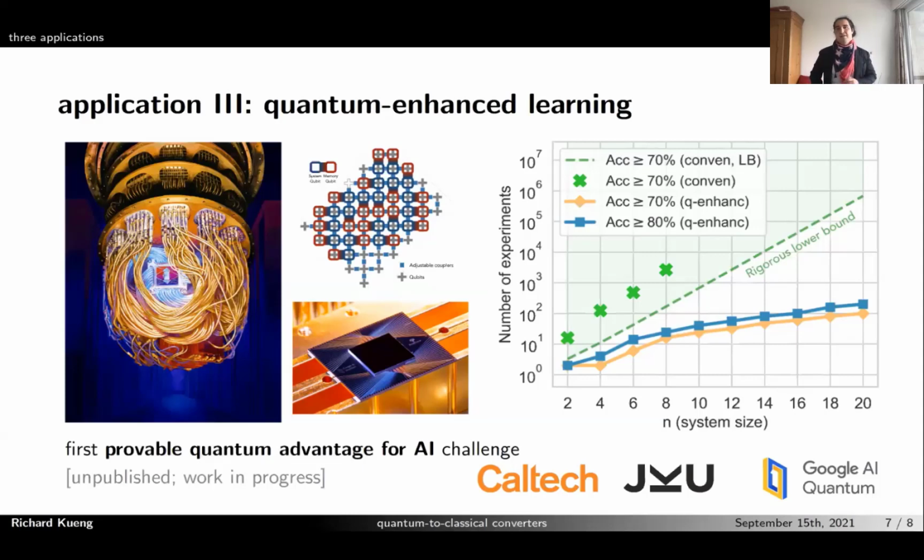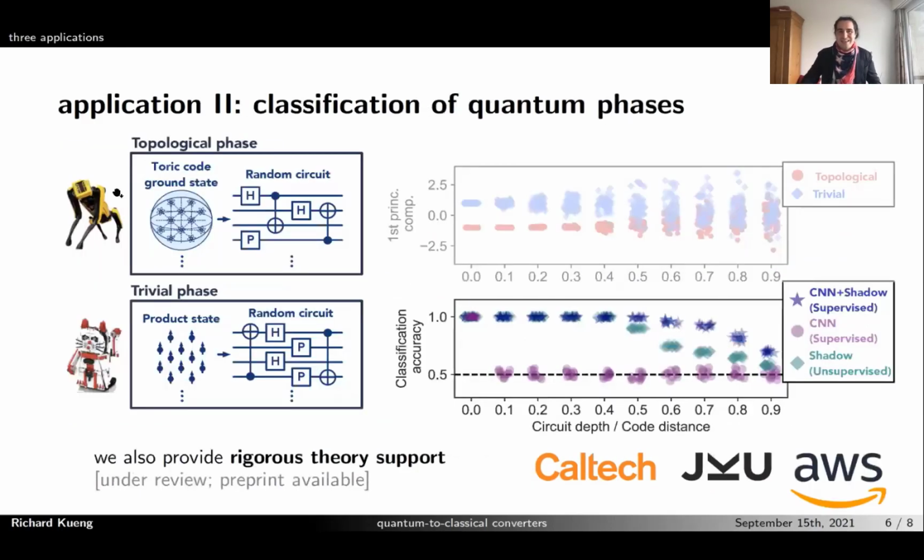What we did here is we came up with a synthesized quantum learning challenge that is intended to be very difficult for procedures that take a quantum system, convert it into classical bit strings, and then do a classical machine learning post-processing.